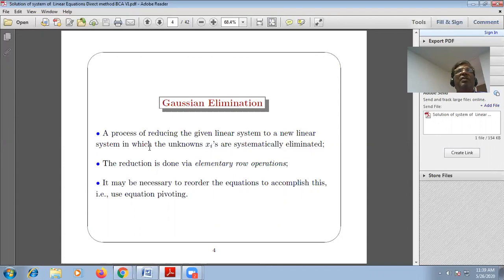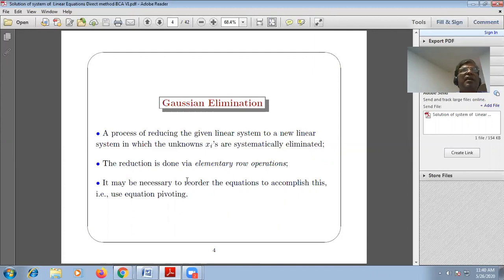Whatever the number of equations, if you are applying the Gaussian elimination method, then according to this method you have to eliminate the variables xi systematically, meaning firstly x1 is eliminated, then x2, then x3, and so on. A process of reducing means decreasing: the system of equations is reduced to a new system where the number of variables is gradually decreased or systematically eliminated.